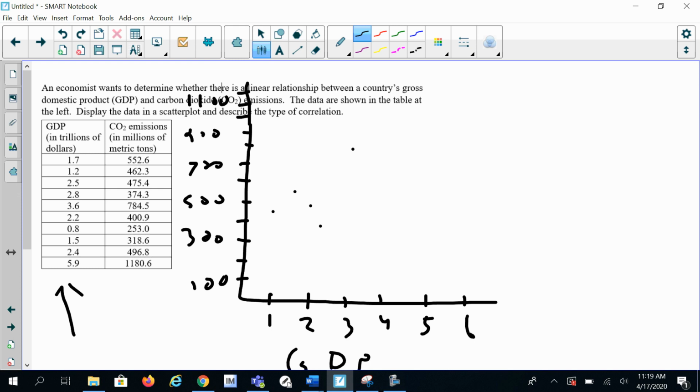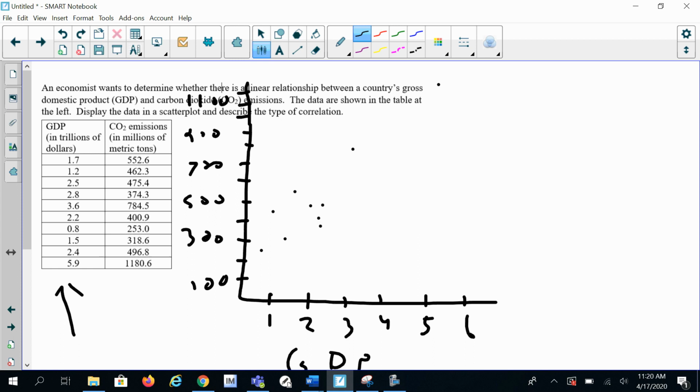Right there. 2.2, 400. There. 0.8, 253. 1.5, 318. 2.4, 496. And lastly, 5.9. And it's on the way up here.